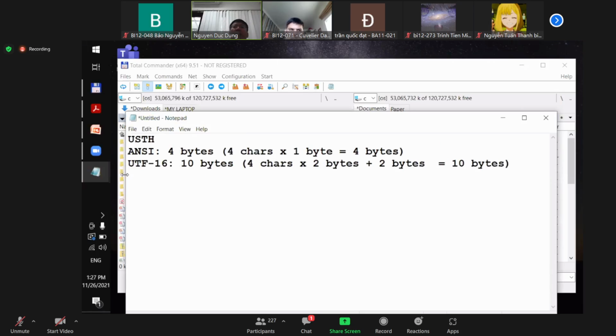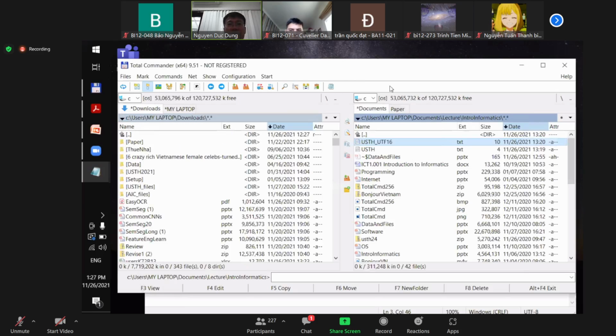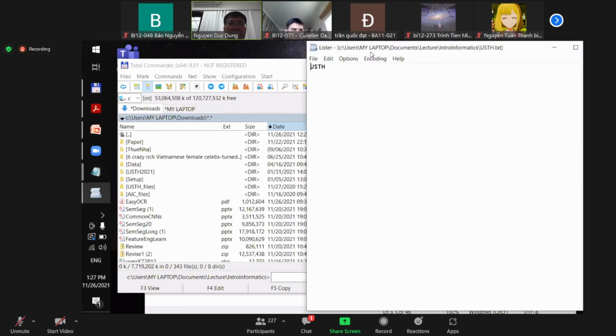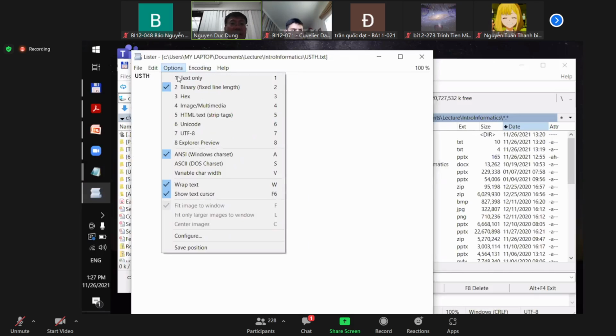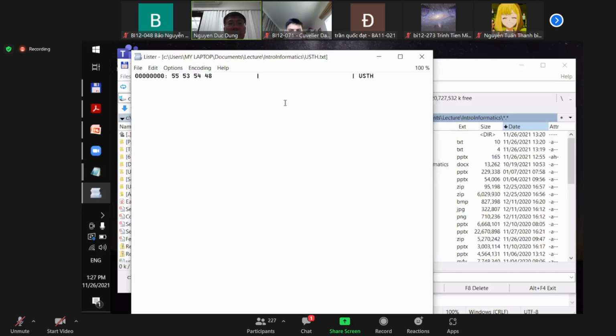Now, let's verify it. Here is my first document encoded in ANSI. I see every character.